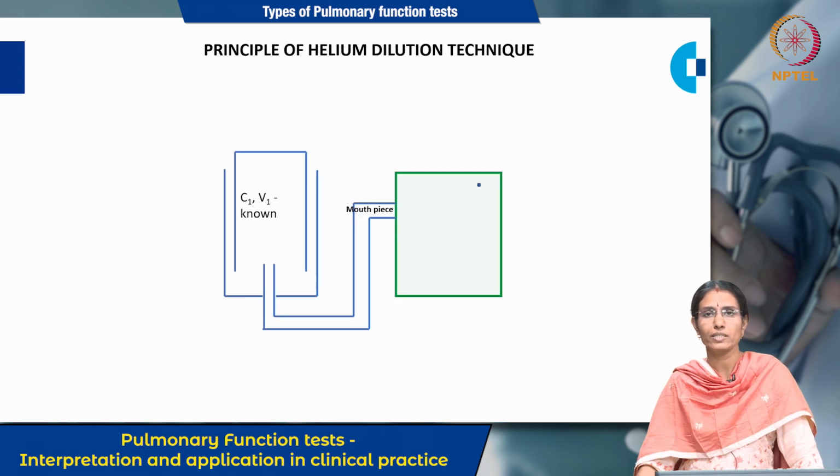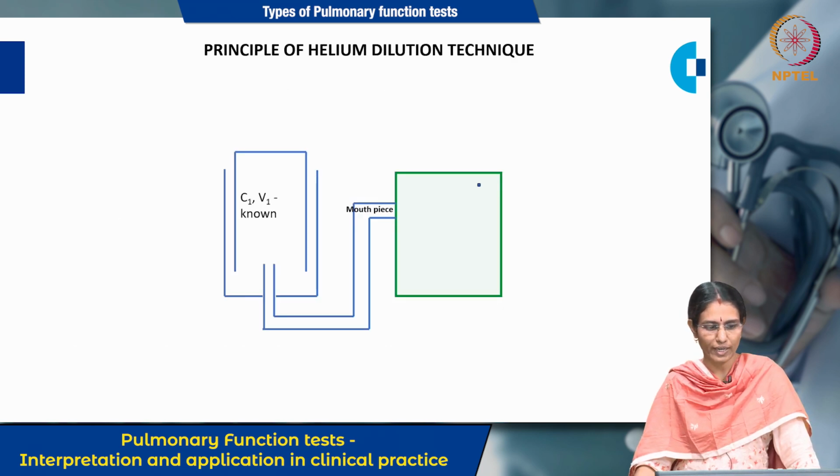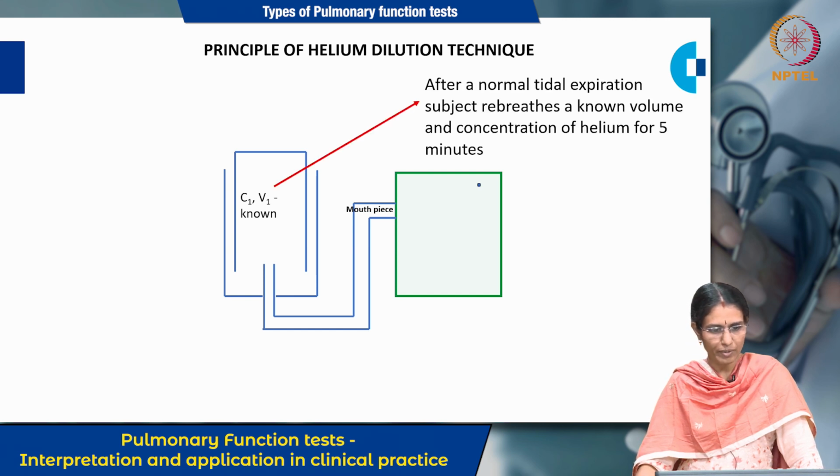And what is the principle of this helium dilution technique? This is a schematic representation of a person sitting and breathing through the mouthpiece. You can see the person is asked to breathe a known volume and concentration of helium, starting the rebreathing through this mouthpiece following a normal tidal expiration.